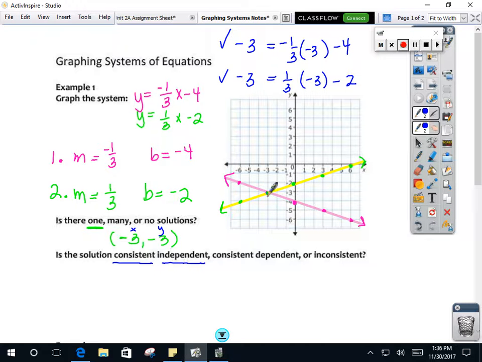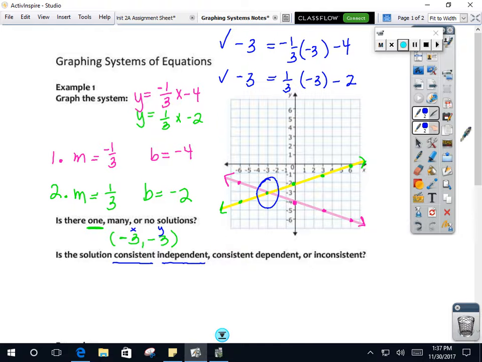Will these lines ever cross each other again? No, because lines don't curve and come back. This one will forever go that way, and this one will forever go that way. So they will never intersect again, meaning this is the one and only solution these lines have. This is the only x and y value that when plugged in both equations will make both statements true.